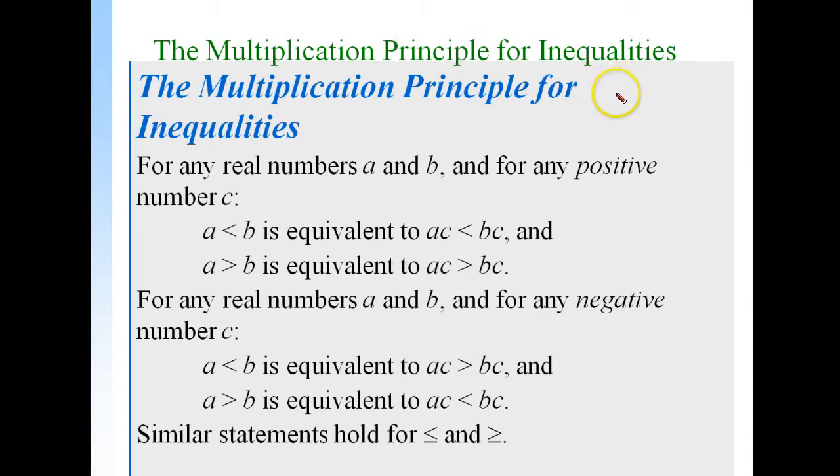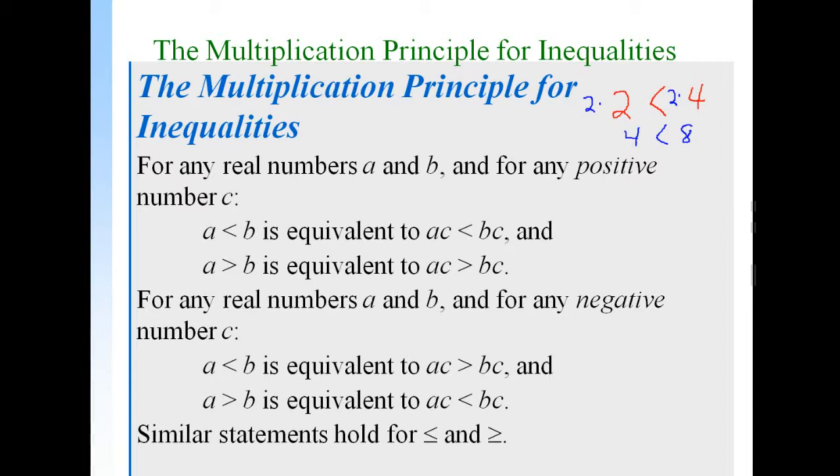Now we know that 2 is less than 4, isn't it? That's a true statement. And if I multiply both sides by 2, let's say, I get 4 is less than 8. That is still true.